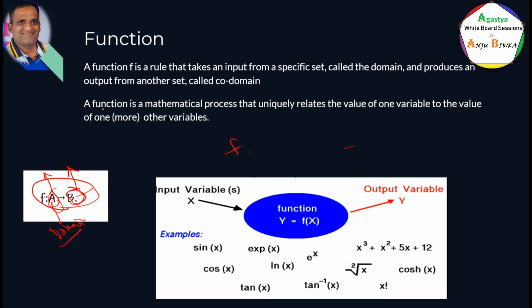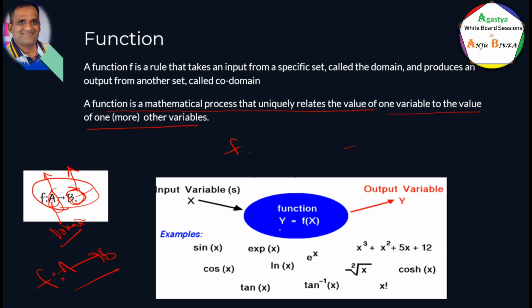Or we can also say a function is a mathematical process that uniquely relates the value of one variable to the value of one or more other variables. So the variable A is mapping to variable B. This is the function f.